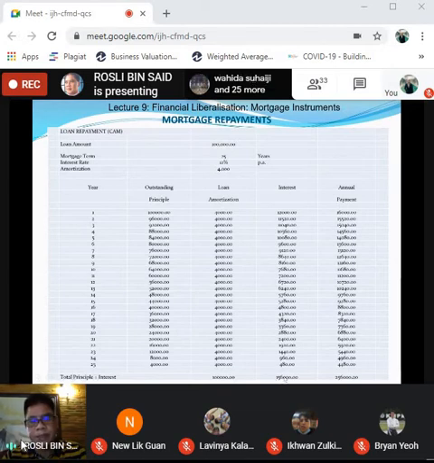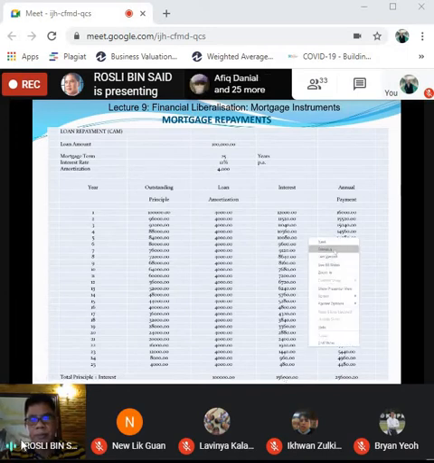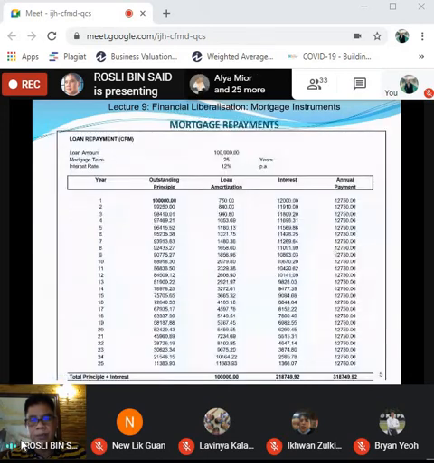So this is the interest that the bank will actually charge. So as compared to the constant payment mortgage just now, in terms of interest, we have to pay much higher for the interest if we use constant payment mortgage.